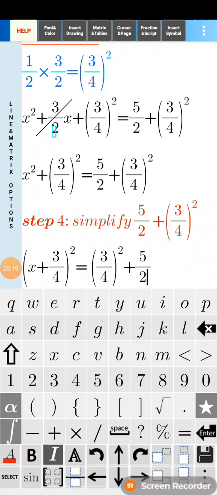Still the same thing, just permit me. Now I'm going to show you the reason why I did this rewriting here, and it is always applicable when solving by the completing the square method.